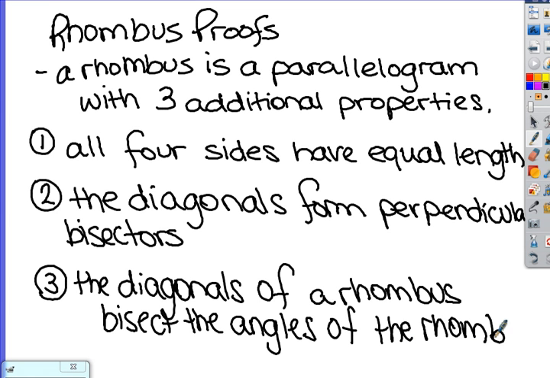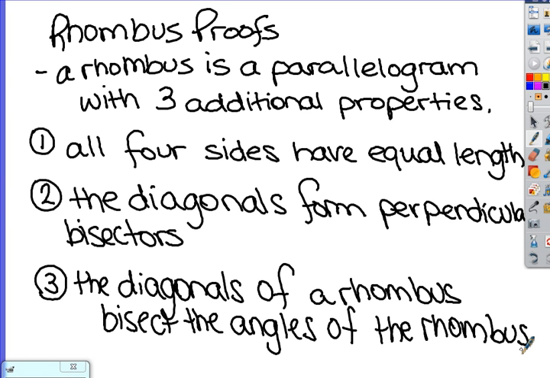So a rhombus is a parallelogram with 3 additional properties. First, in a rhombus all 4 sides are equal. The second one being the diagonals form a perpendicular bisector. And the third one being the diagonals of a rhombus bisect the angles of that rhombus.